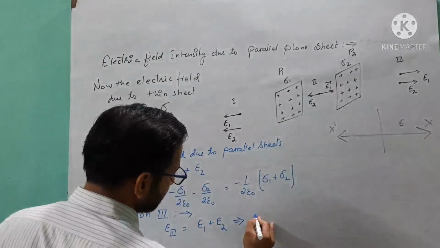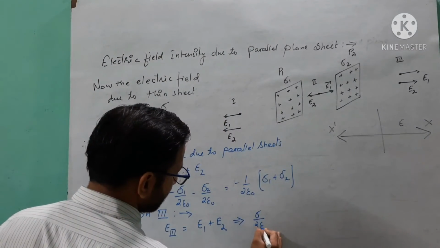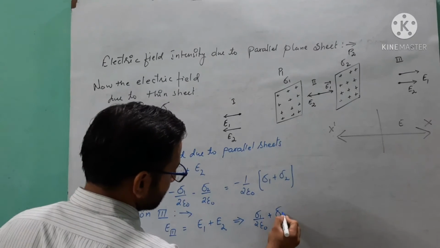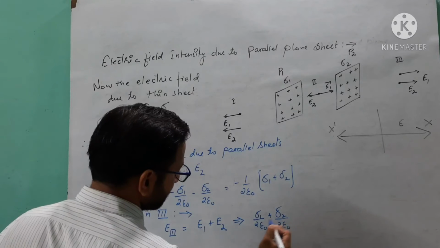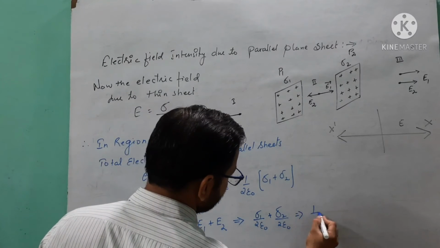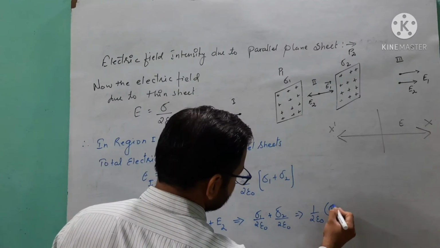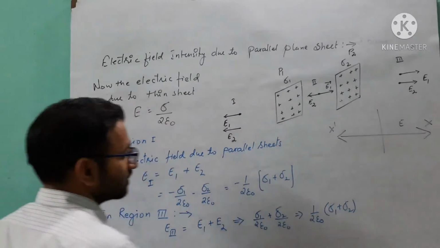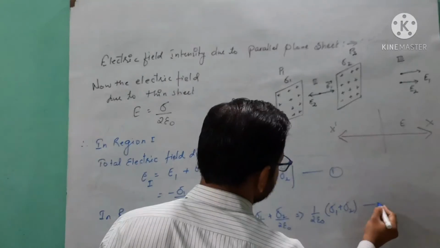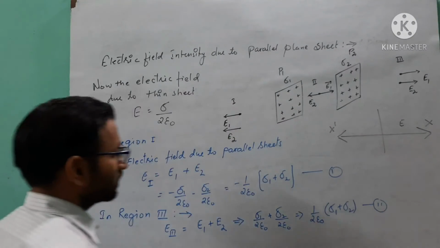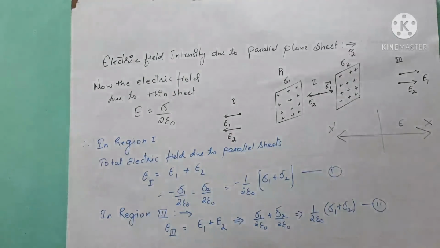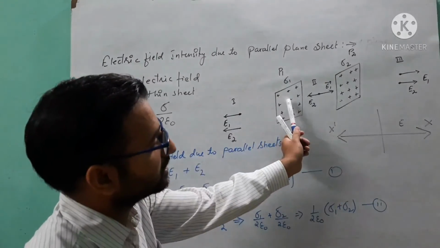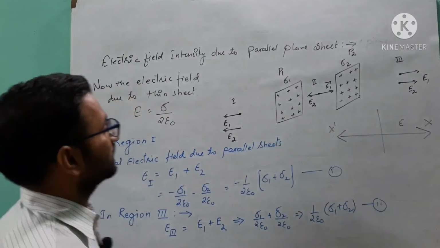So we get sigma 1 over 2 epsilon naught plus sigma 2 over 2 epsilon naught, which means 1 over 2 epsilon naught times sigma 1 plus sigma 2. This is our next equation, for the third region. Now after that we will talk about region second, which is between these two plates.